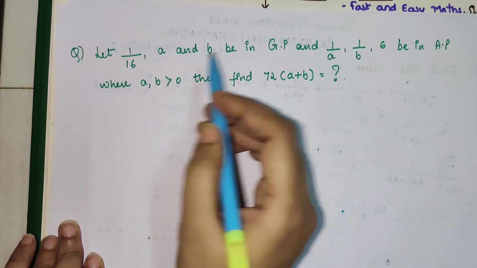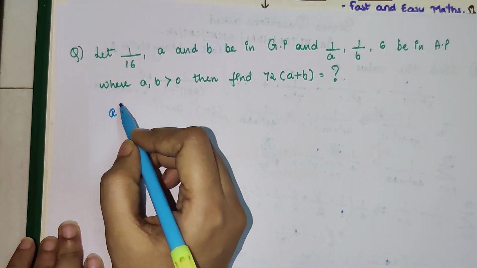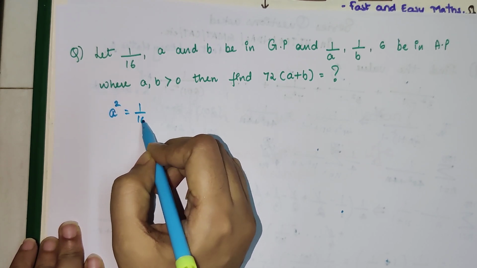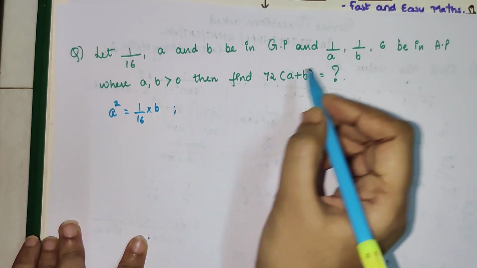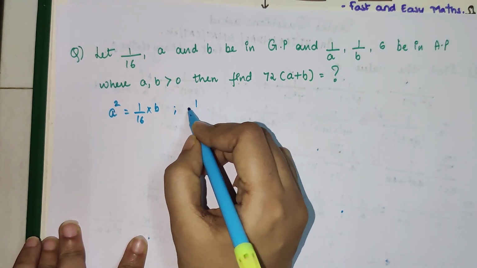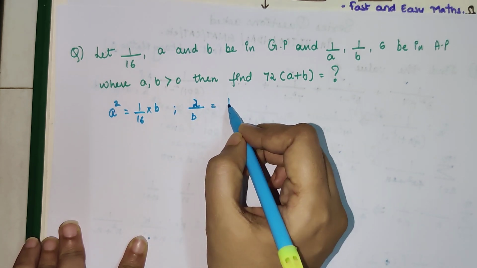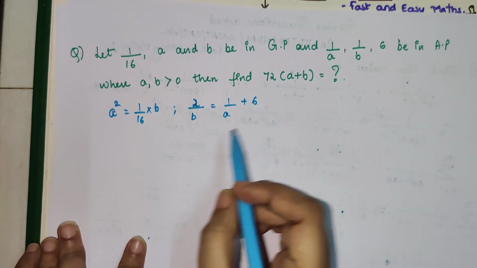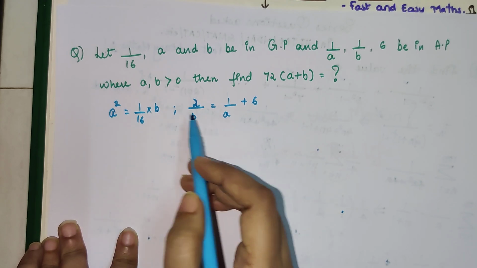Since they are in GP, I can say that a square is equals to 1 upon 16 into b. Similarly, since these three are in AP, I can say 2 times 1 upon b is equals to 1 upon a plus 6b. Now understand, I can put the value of b from here in terms of a.